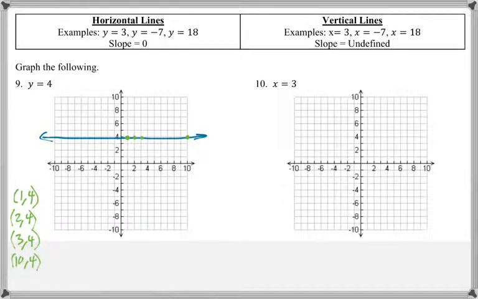The thing that's common with each of these points is that the y-coordinate is 4. So that's why the equation y is equal to 4 works for this.